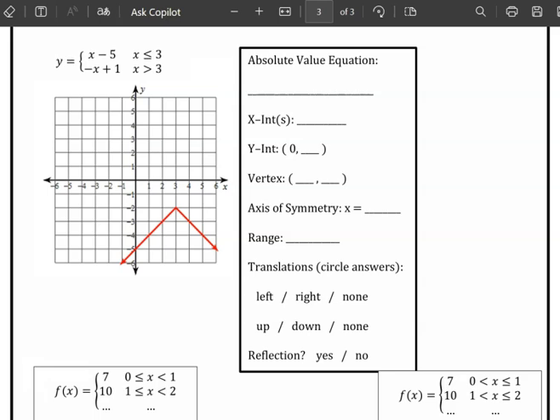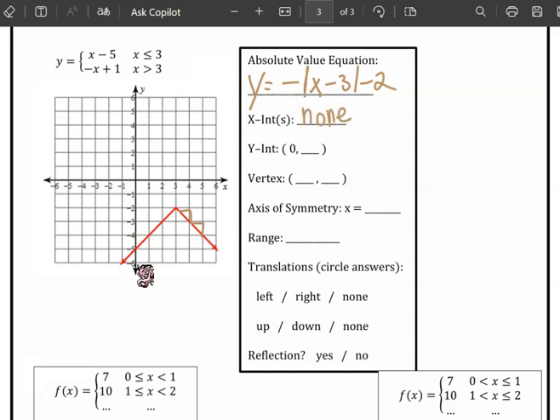Let's look at this example. We have our 2 pieces. The slope of the right piece is going to be negative in this case, so -1. So our absolute value equation is y equals negative absolute value of x minus 3 minus 2. It does not contain an x-intercept, so we'll write none.